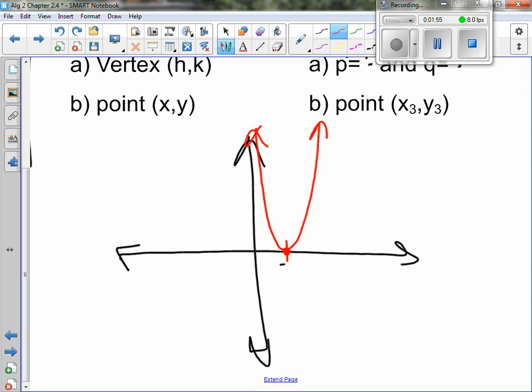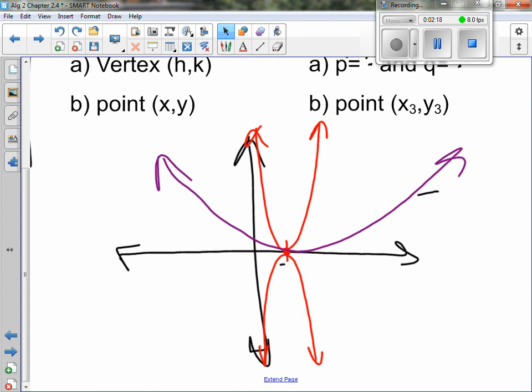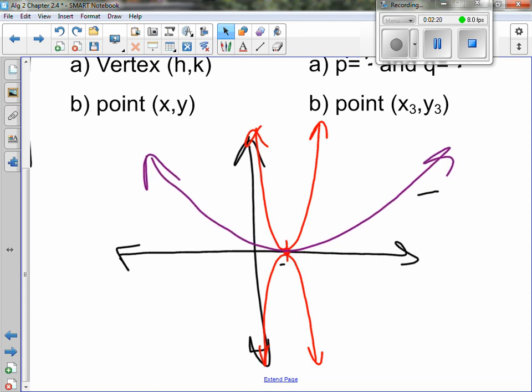This here is a quadratic with the vertex at 1, 0, yes? How about this one here? Well, yes, both have a vertex at 1, 0, yes? It's a little off, but move it over. This one here does too, doesn't it?